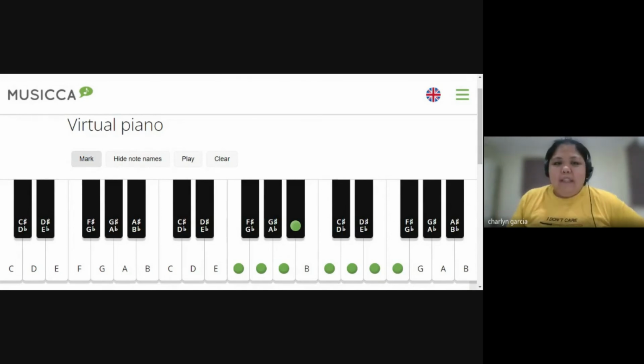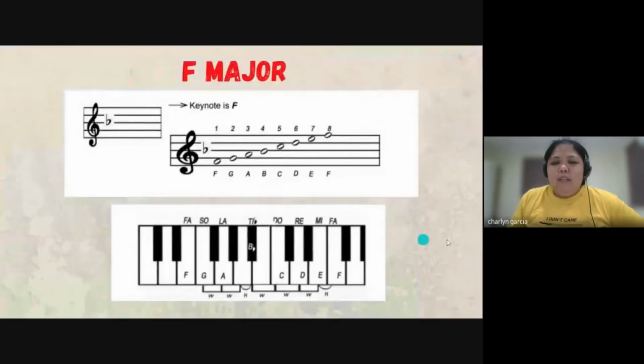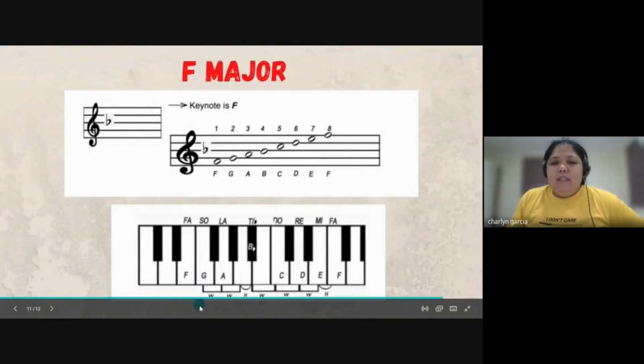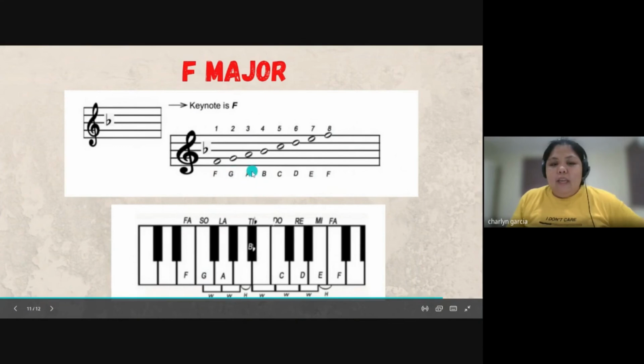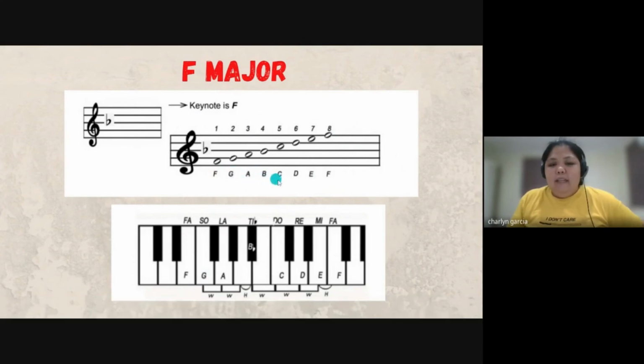So, kung titingnan natin, this is the F major scale. So, this is F, G, A, B flat, C, D, E, F. So, ito ay B flat. B flat na yung key na yan sa F major scale.